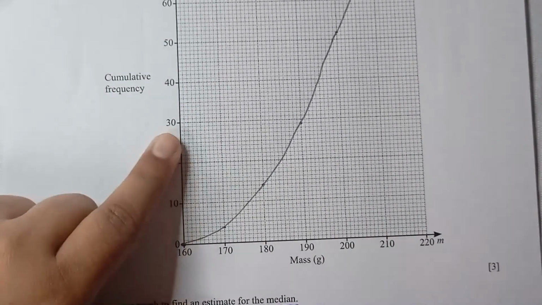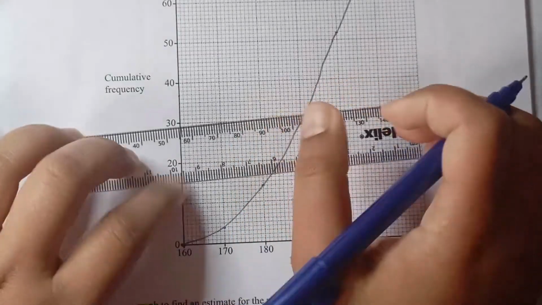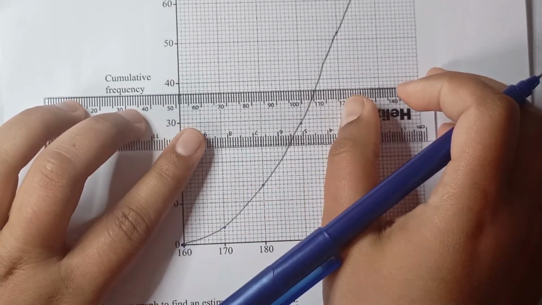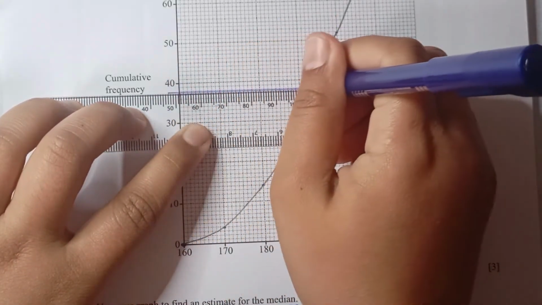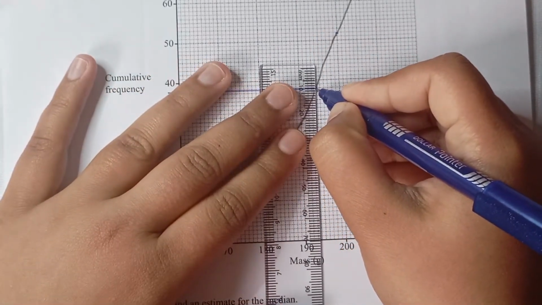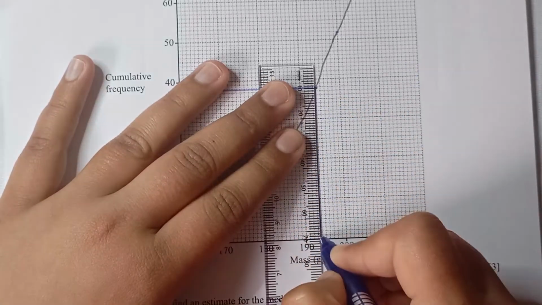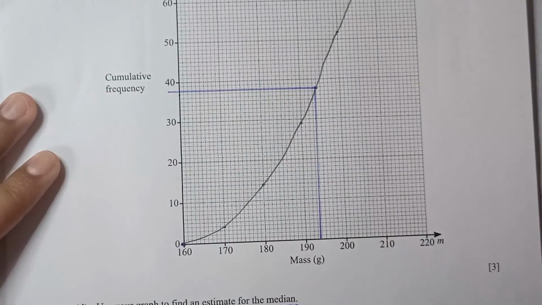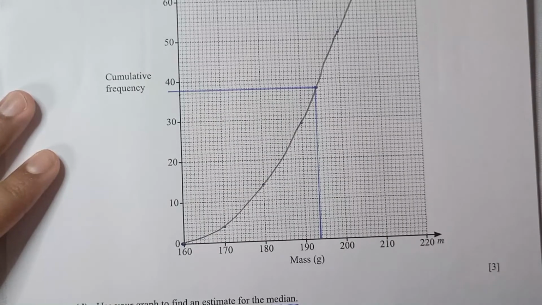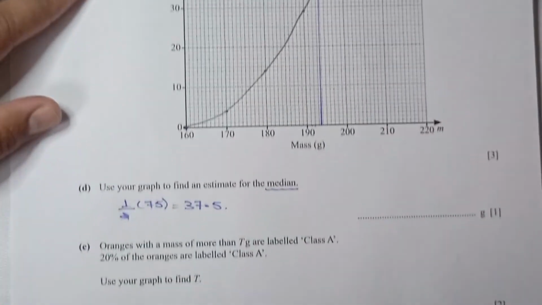So we have 30 and 35, 36 and 37, and in between 37 and 38 this is 37.5. Yes, so what is the value at 37.5? Yes, this is the value. In my case, it is 190, 91, 92, 93, 193 grams.